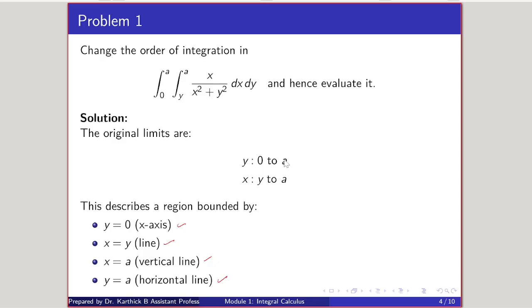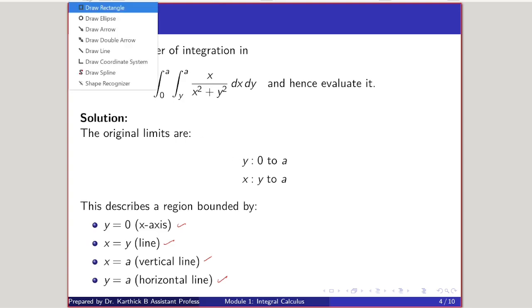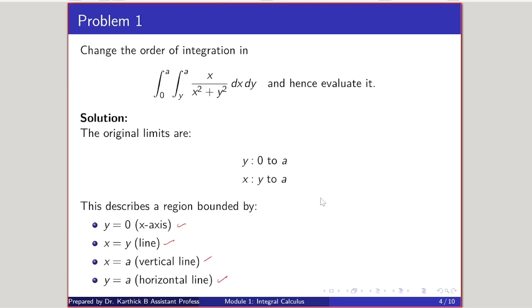So I am drawing a graph. So this will be the x-axis, here it will be the y-axis.